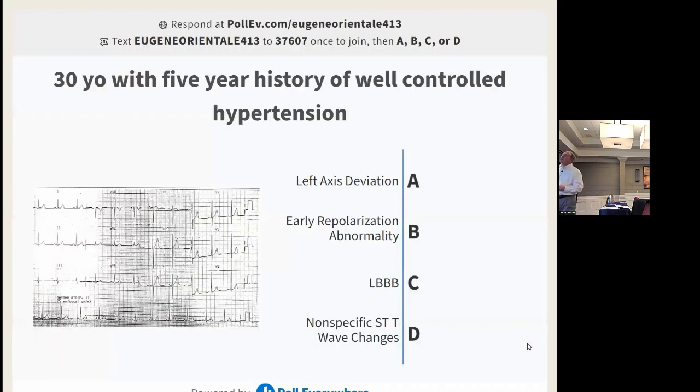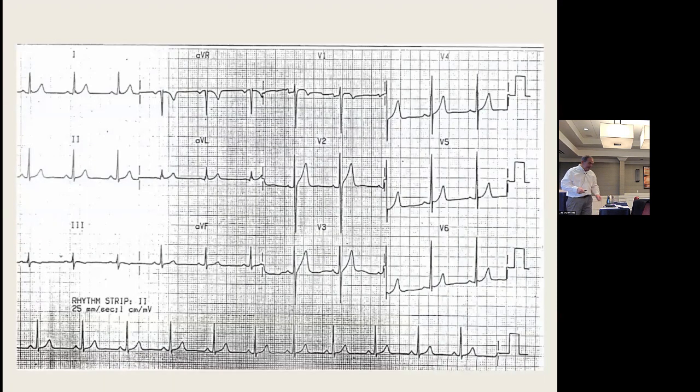All right, you got a 30-year-old with a 5-year history of well-controlled hypertension. I ask you if this is LAD, early repol, left bundle, or non-specific ST-T wave changes, and this is the EKG.